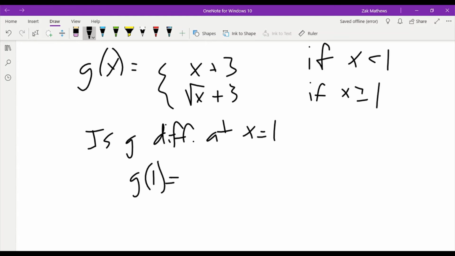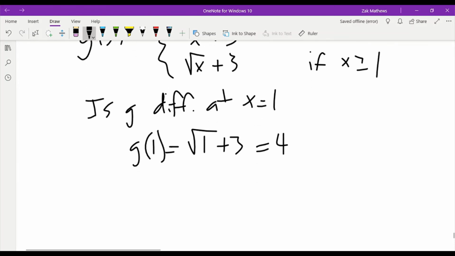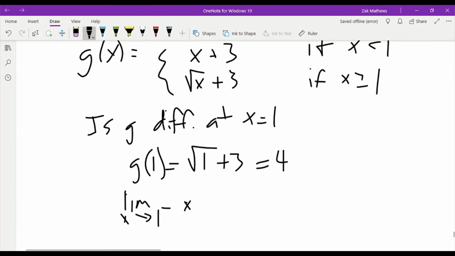So g of 1 would be equal to the square root of 1 plus 3 because we look for where it's equal to. That's the bottom equation. And 1 plus 3 is 4. Next, I'm going to look for the limit. So we're going to look for the limit as x is approaching 1. And to show the limit exists, I have to show from the left and from the right. And so the left means I'd be using the top equation, the x plus 3.